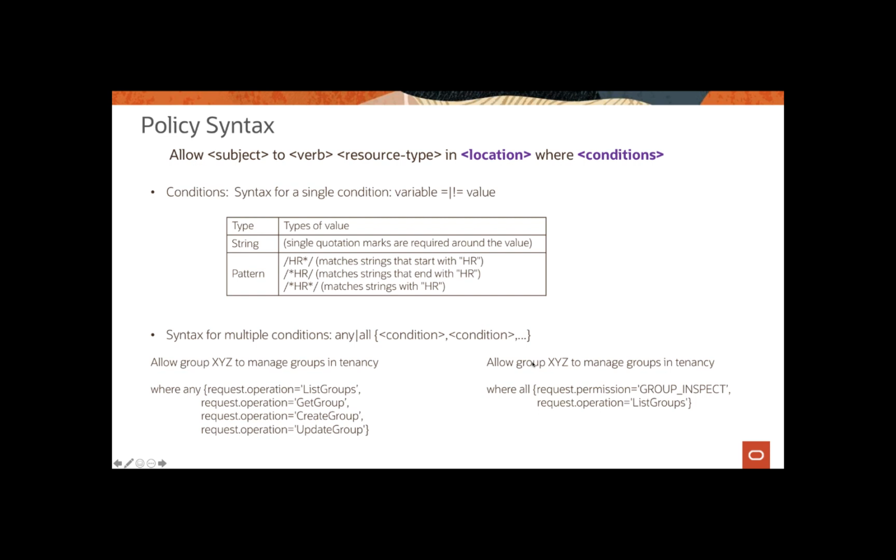So as you can see, using the where conditions, you can be very dynamic in your policies. So these are evaluated when they are enforced, and if the condition is true, then it's enforced. And you can write and or kind of conditions for multiple conditions in a single policy statement. And you can have values which are string or pattern type to match a lot of different options at the same time.